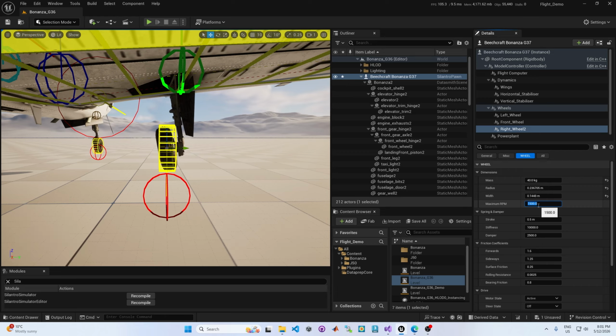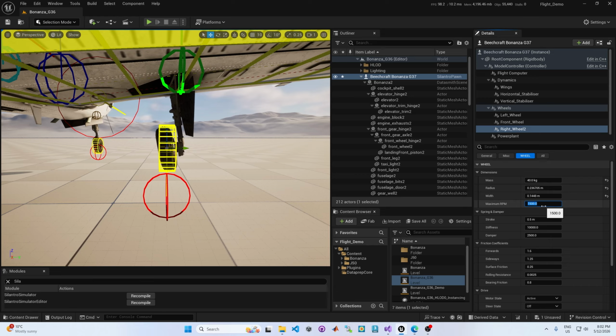Now this is there to prevent the wheel from just rolling off to infinity. If you think about it, there is bearing friction, I'll get to it, to stop the wheel from just constantly accelerating if you keep rolling on the ground. But this is there as a kind of mathematical safeguard.